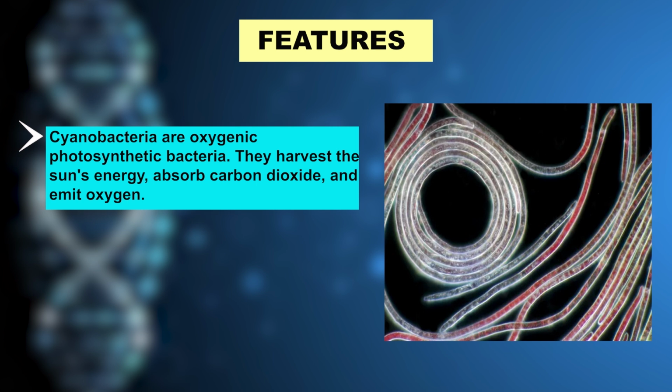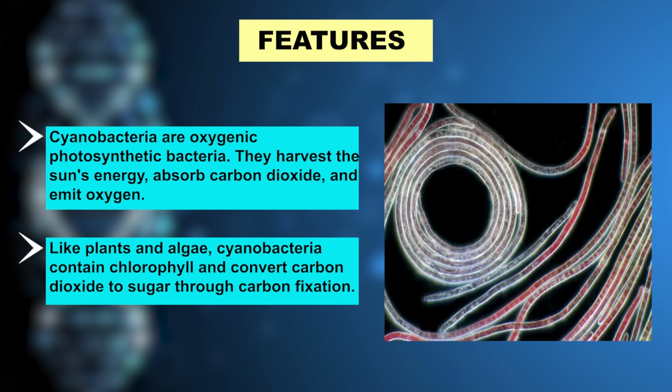Cyanobacteria are oxygenic photosynthetic bacteria. They harvest the sun's energy, absorb carbon dioxide and emit oxygen. Like plants and algae, cyanobacteria also contain chlorophyll and convert carbon dioxide to sugar through carbon fixation.